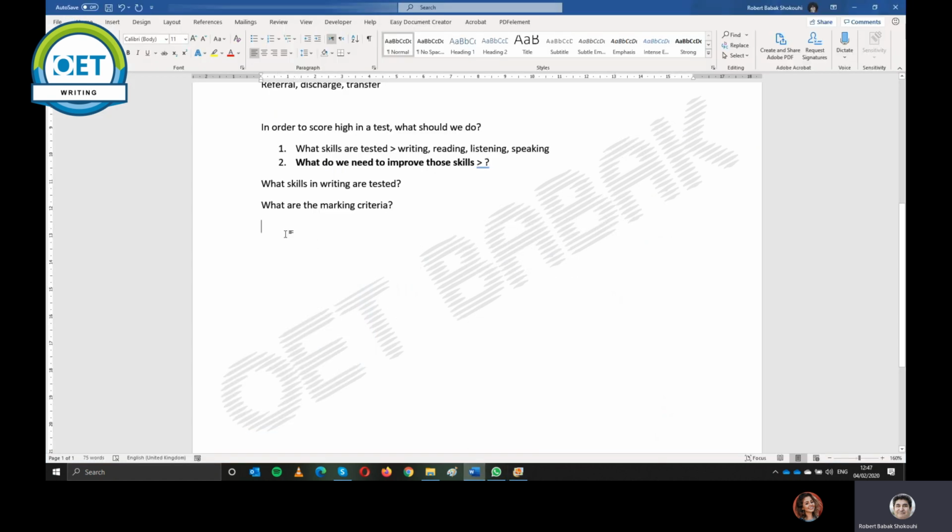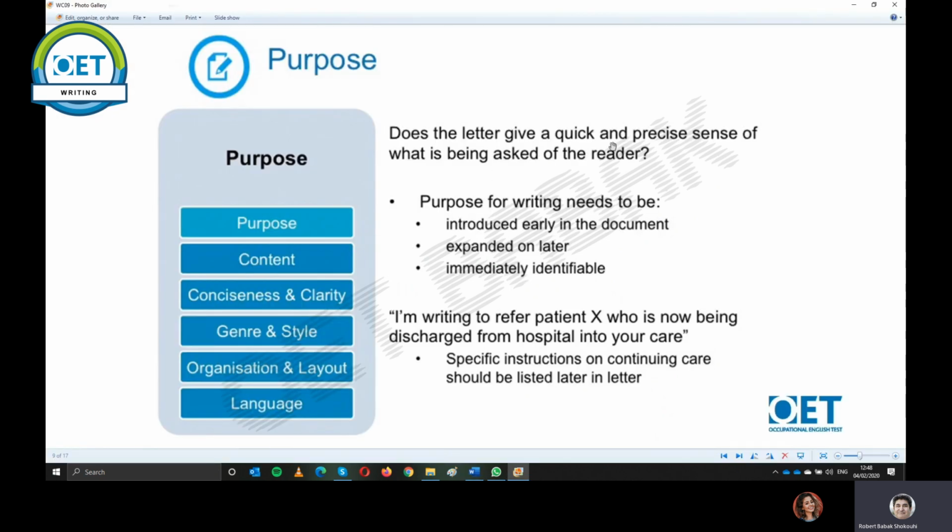So the first criterion here is purpose. It needs to be said early in the document. It needs to be quick and precise.